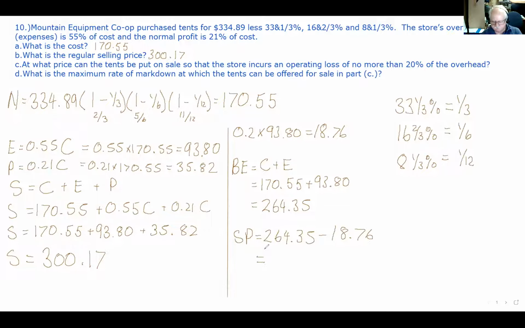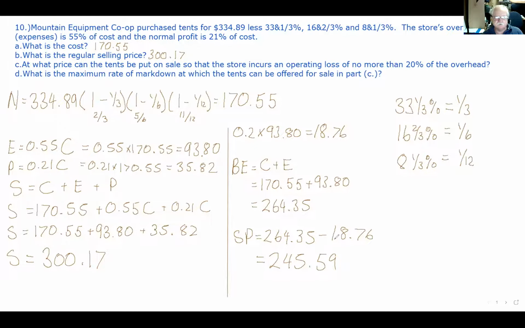Let's see what that equals. $245.59. So that would be the price the tents can be put on sale so they incur an operating loss of no more than 20% of the overhead. We found 20% of the overhead. We found the break-even price, and they're making a loss, so it's below break-even by no more than this 18.76.